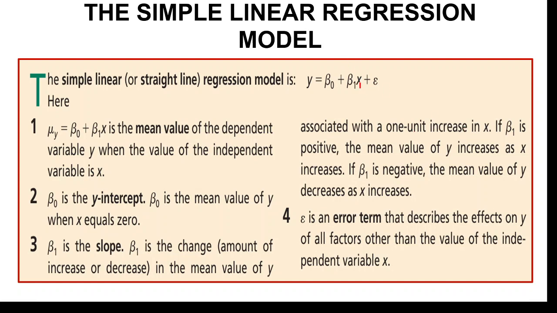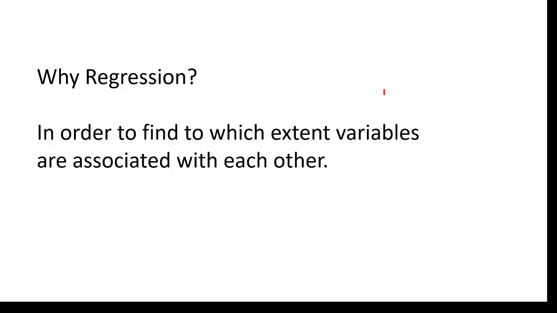When 1 unit of x increases, what would be the change in y? We call it beta 1. And e is the error term that describes the effects on y of all factors other than the value of independent variable x. This x might not be the only factor influencing y. There would be other factors, and that is explained through the error term.